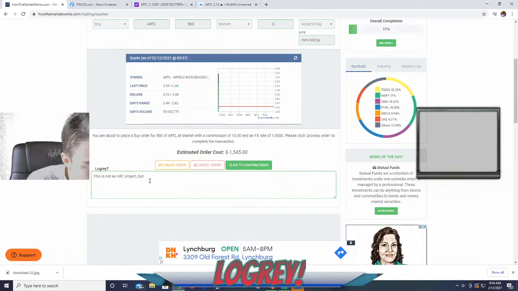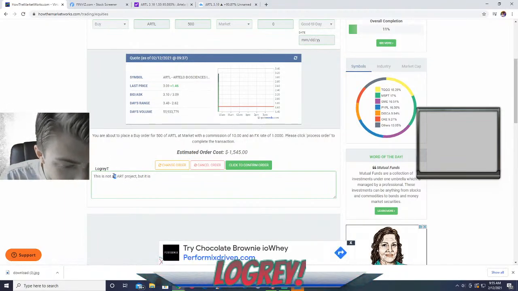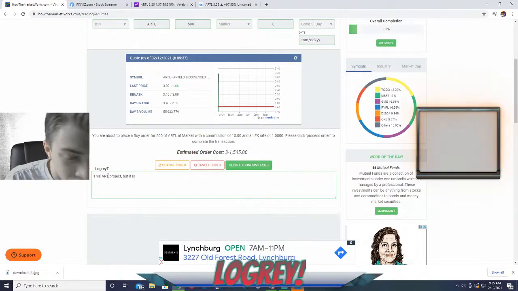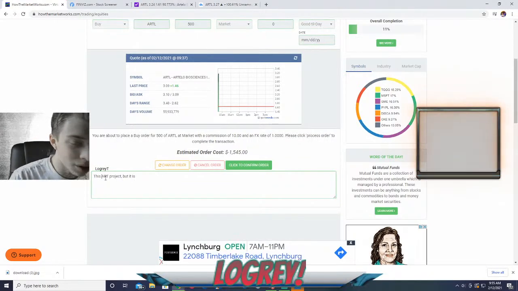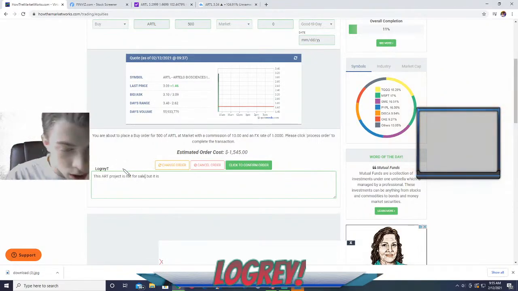How about this: this art project would not sell for much, but the stock will. I like to put something every time I make a trade comment. I think the comments are kind of dumb. I don't know why we have to comment everything, so I just make random memes. Oh, how about this art project is not for sale?